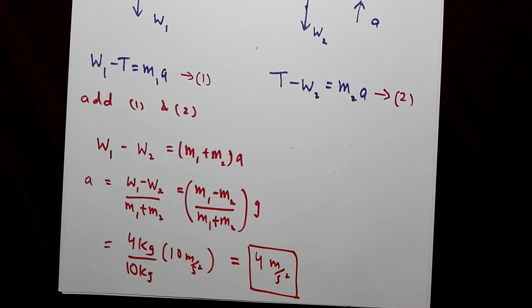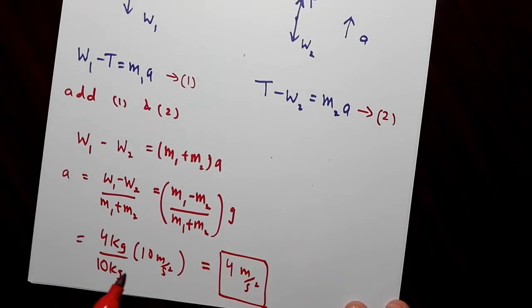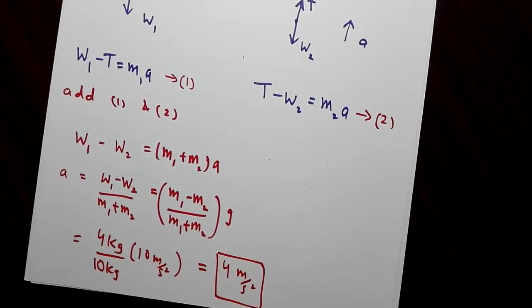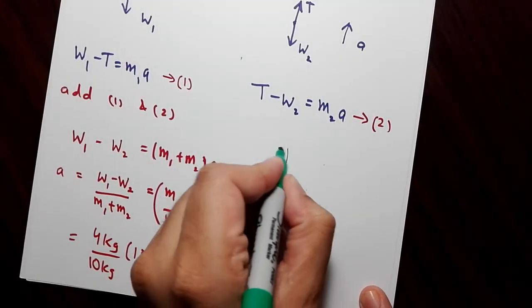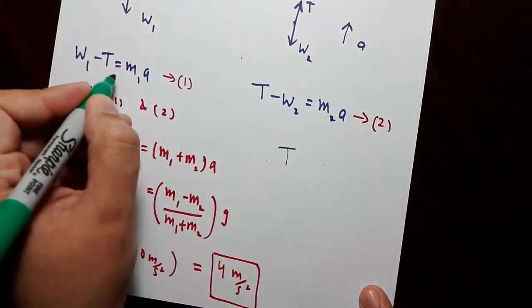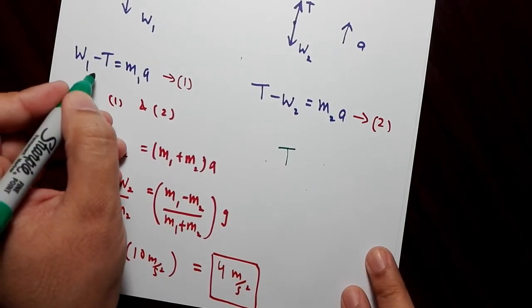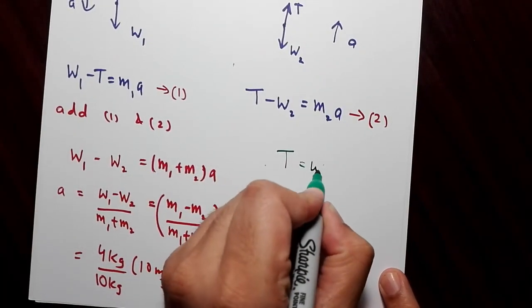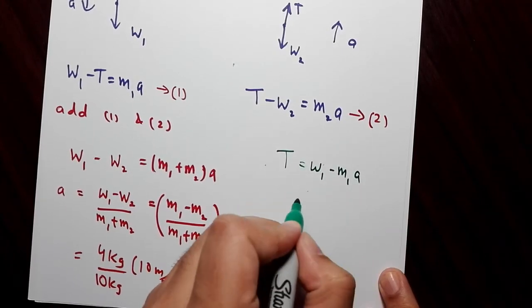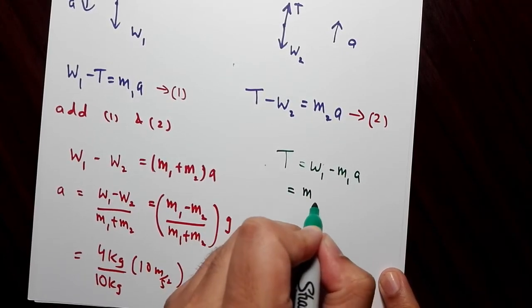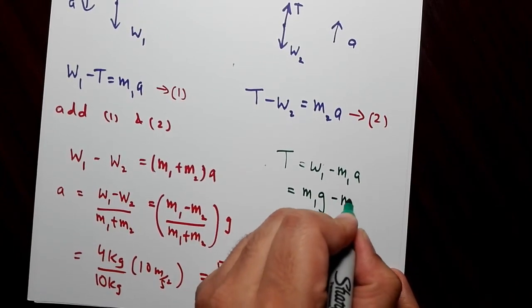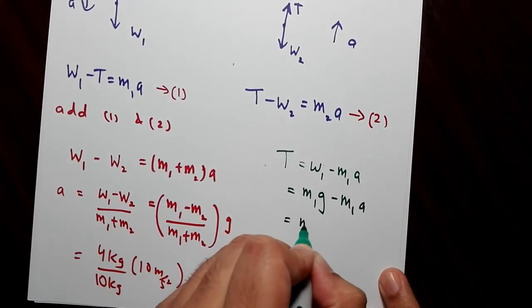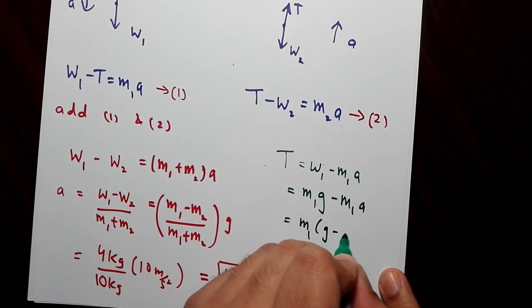You can also find tension if you like. You can use this equation if you want. Tension is W1 minus M1A, so you get M1g minus M1A, so M1 times g minus a.